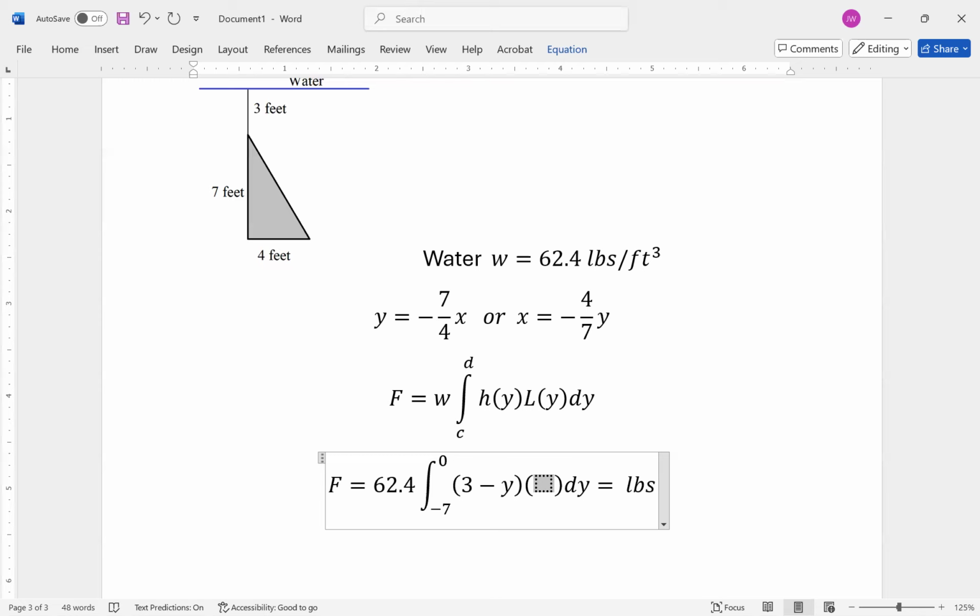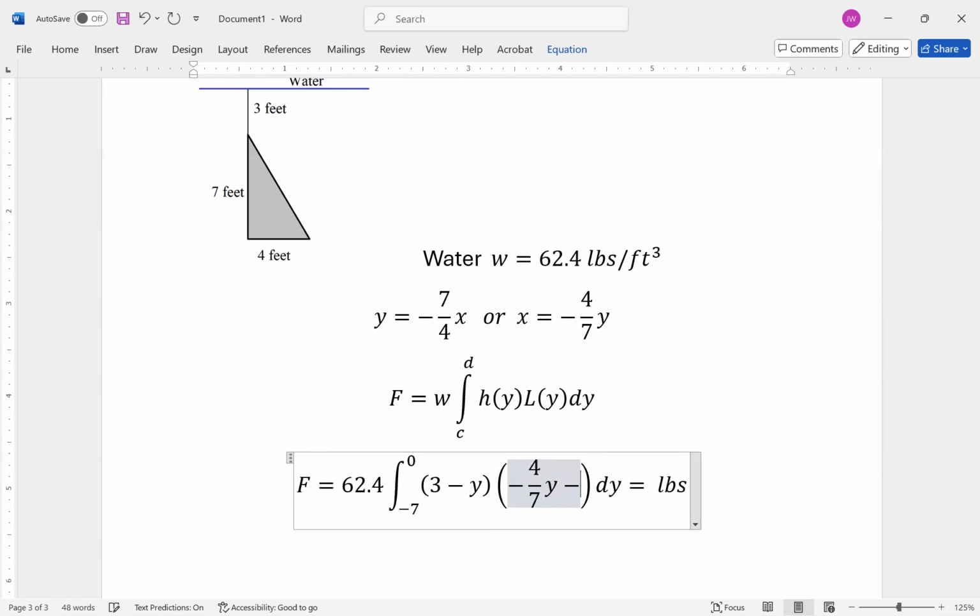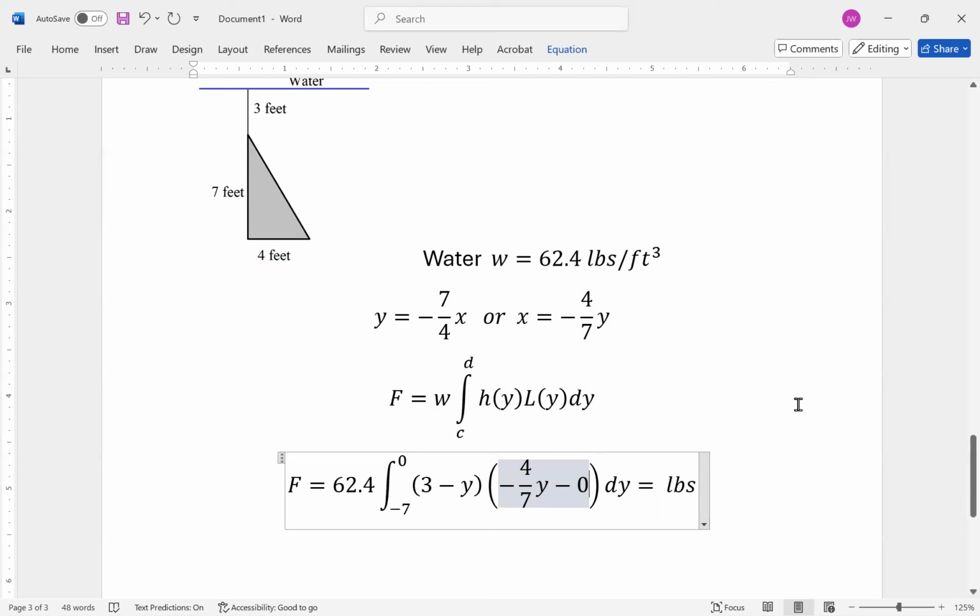And then the length of the rectangle, the right-hand side is x equals negative 4/7 y, and we're going from there down to x equals 0. We're submerged in water, so our weight density is going to be 62.4. And that's the integration I get.